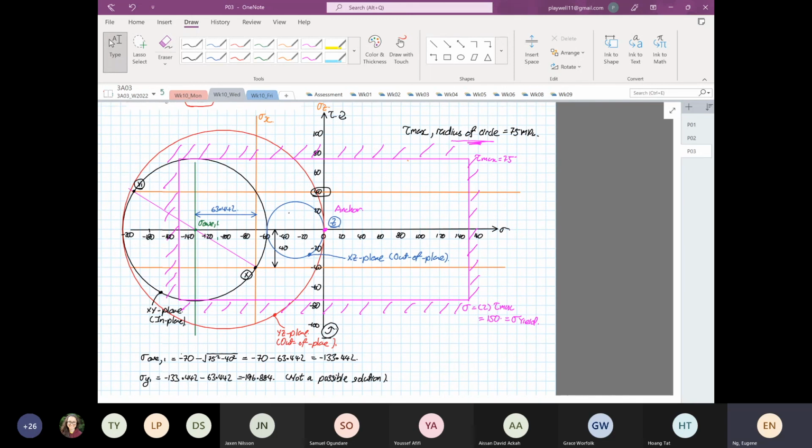So now you know why this is not a possible what? Solution. Okay, it cannot be because the circles are outside the what? Boundary. Are we clear? Okay. So this is one possibility. The one possibility will be invalid.